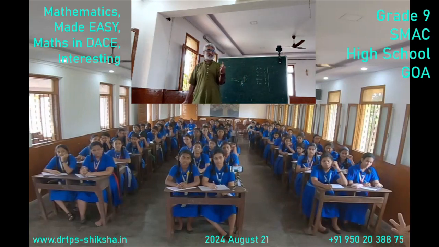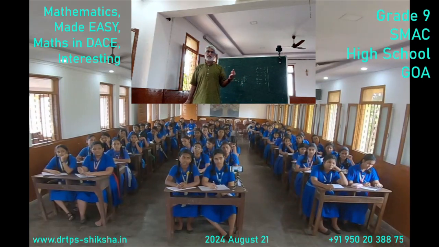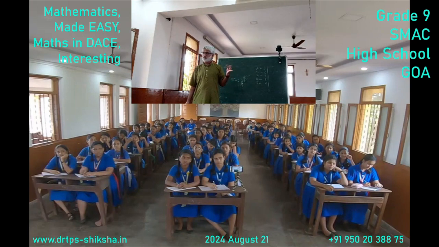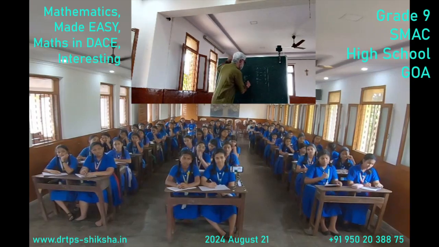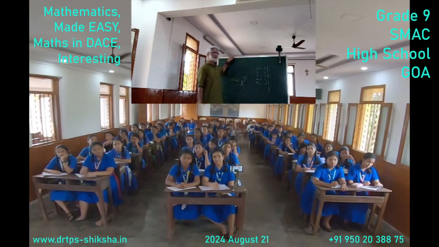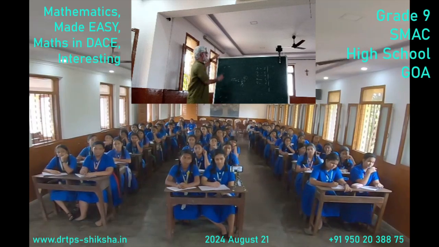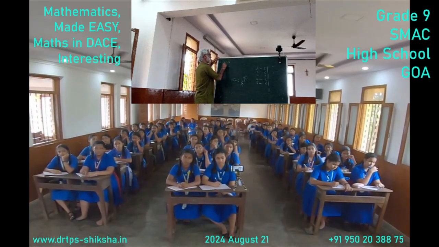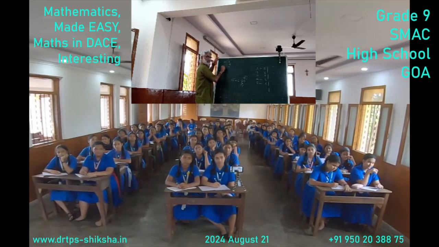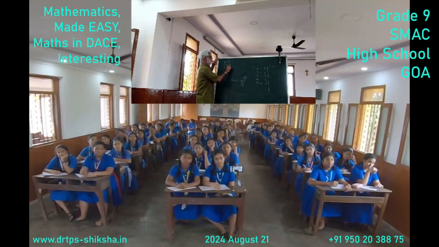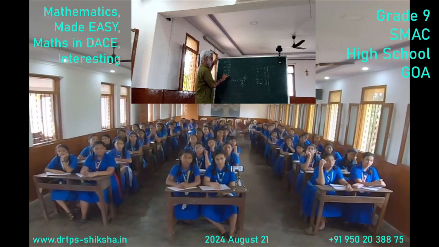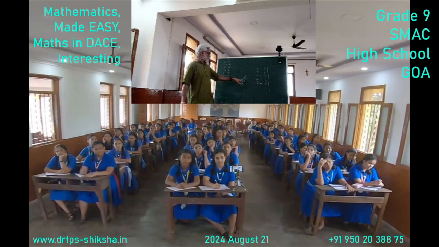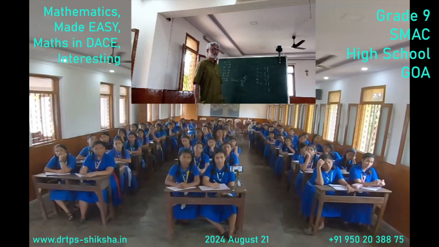Correct? Yes. So 29, 30, 31. What is the remainder? 3. If the remainder comes 3, remainder 0 is Sunday, 1 Monday, 2 Tuesday, 3 Wednesday, 4 Thursday, 5 Friday, 6 Saturday. Finished now? So the remainder is 3, it is Wednesday.